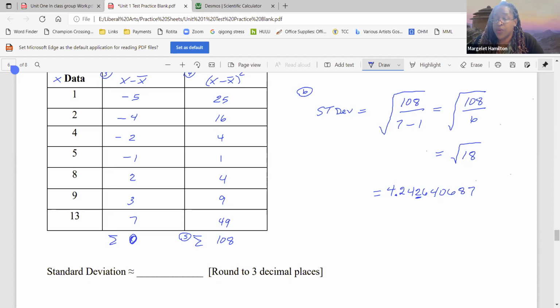You see? So if we're rounding it to the 3rd decimal place, we're going to look at that 4th number. And if it's a 5 or greater, then we're going to round that number up. If it's less than a 5, we leave it alone. So what if there is like 4.9999? What would I do? If it was 4.9999 and we were rounding to 3 decimal places, then we would round up.